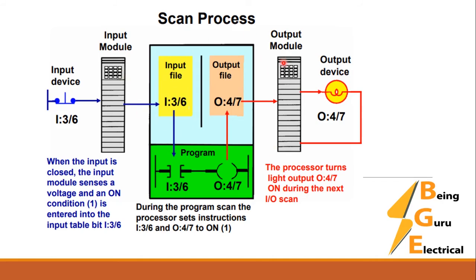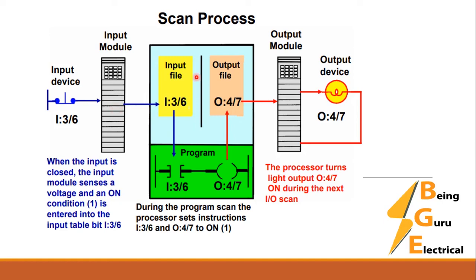This is the same input file we discussed, the data register or the input image table. And we have the program in the program memory. So the user program is taking the data from the input file, executes the program and gives the output to the output file, and this is reflected on the output module, and on the basis of this the output is turned on or off.